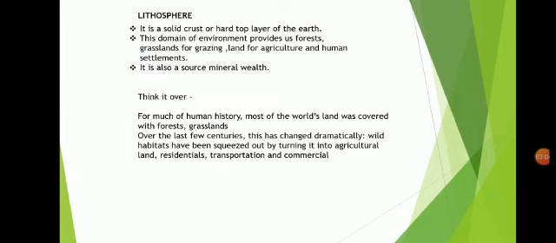Now think it over. Many centuries back, the world's land was covered with more of forest and grasslands. But over the last few centuries, this has changed dramatically. Wild habitats have been squeezed out by turning them into agricultural land, residential, transportation, and commercial areas.